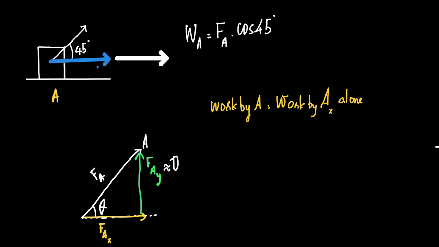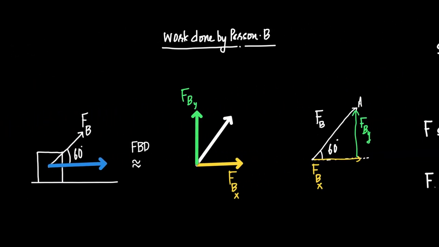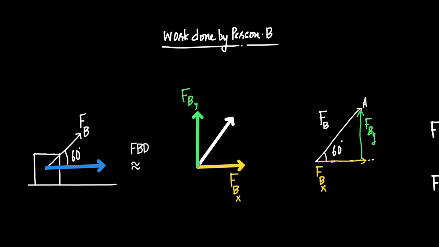Okay? Right. Now let's see the case with work done by person B. Now I think the things will be really more easy to you, because almost every step is similar and you can just keep on substituting the values. The only thing that changes here is FA is replaced by FB, 45 is replaced by 60.